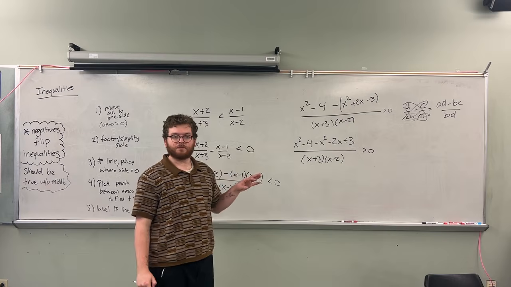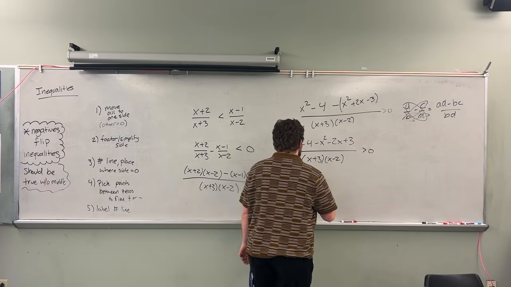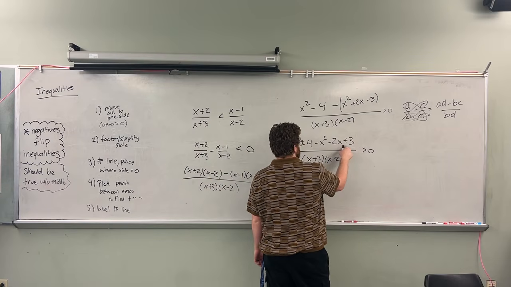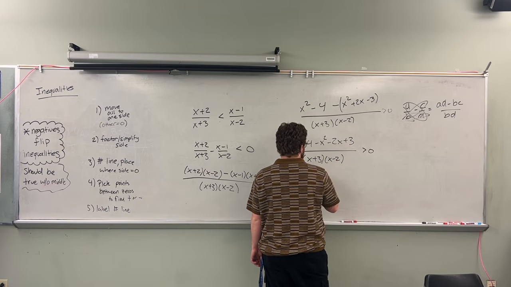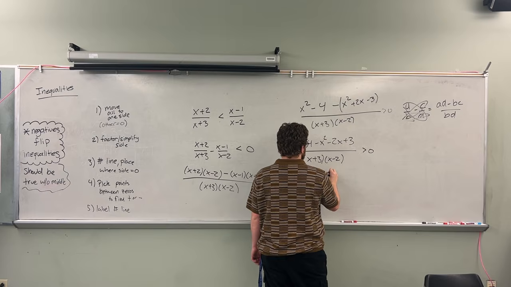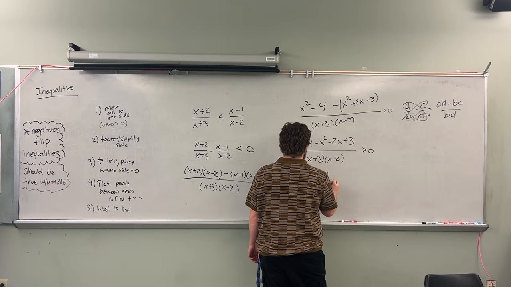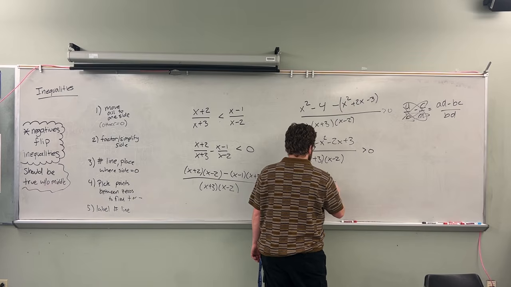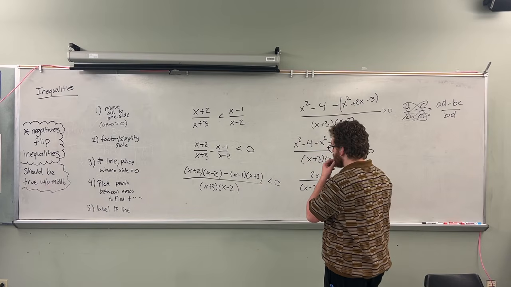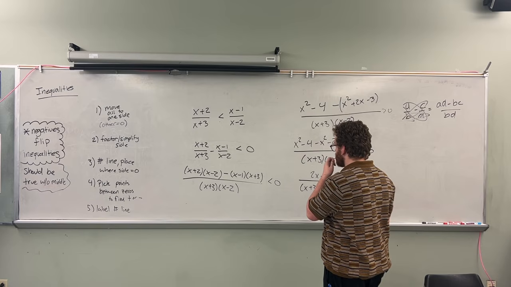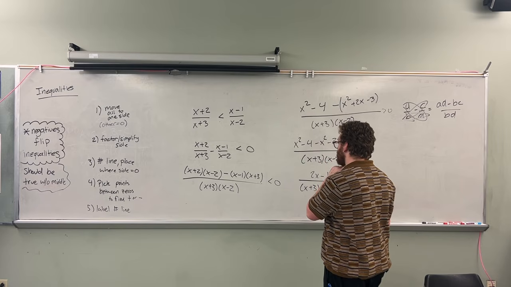And then further simplify out the top. So negative 4 plus 3 is negative 1. These x squareds cancel. So I'm left with 2x minus 1 over x plus 3, x minus 2 greater than 0. Just making sure everything is good there. Yes, I copied everything. Okay.